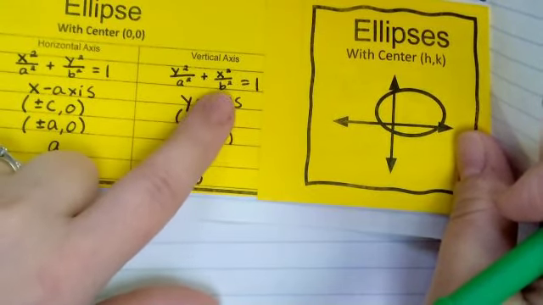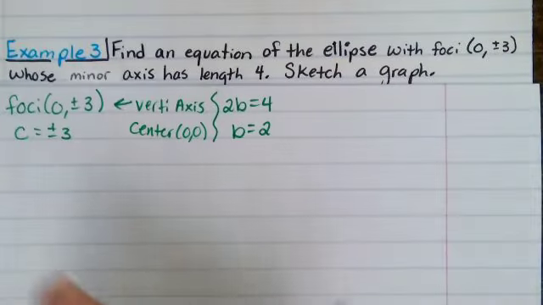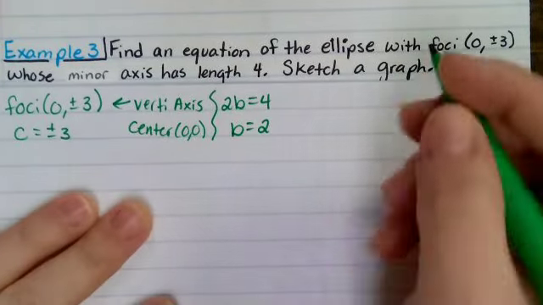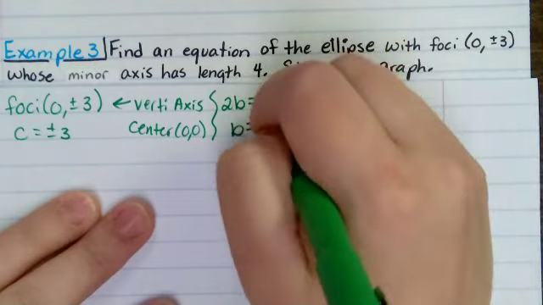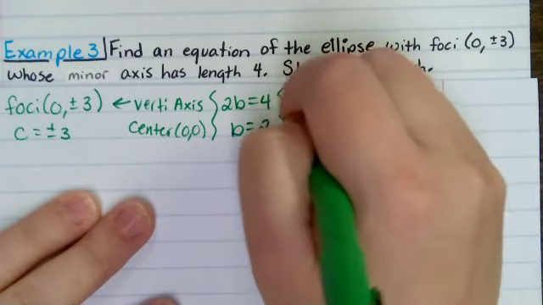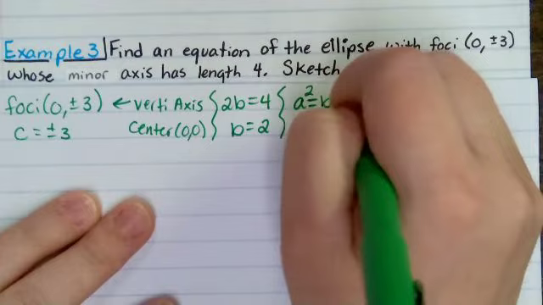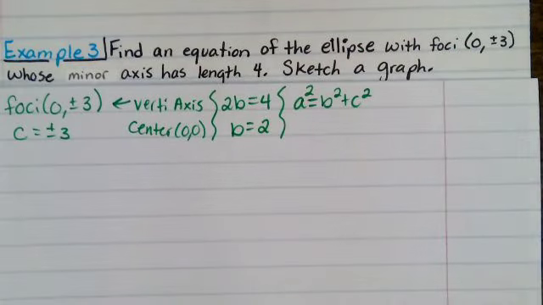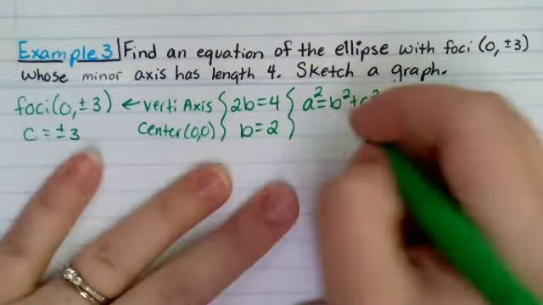I have b, but I don't have a, which means let's use that equation a squared equals b squared plus c squared to solve and find the a value. And once I know it, I should be able to write my equation and we can get a little sketch.